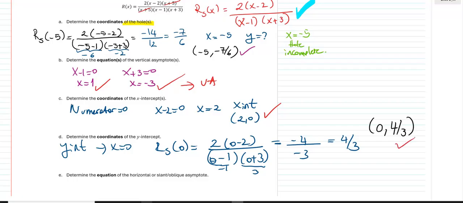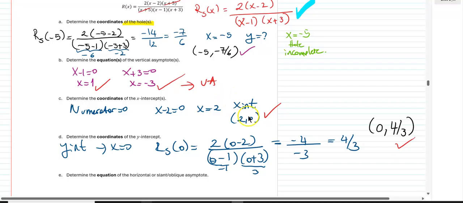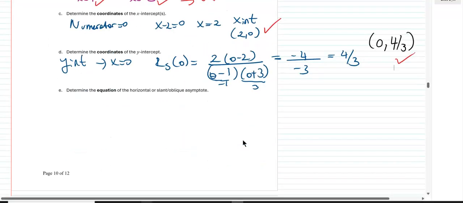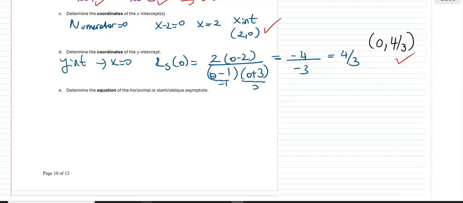That's the point. Determine the equations of the horizontal or slant oblique asymptote. Now that will require for us to remember what were the conditions for horizontal, oblique, or slant asymptote.